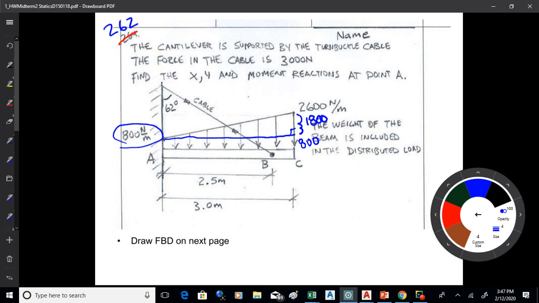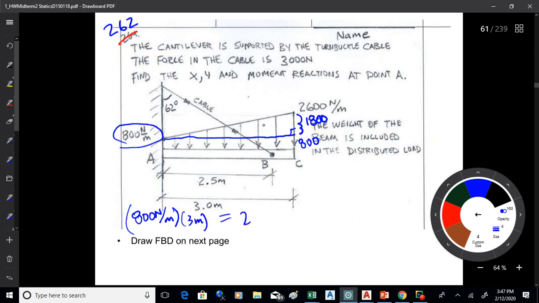I'm going to take 800 newtons per meter and multiply it by the distance over which it acts, and that's 3 meters. And that comes out to be 2,400 newtons. And that'll be down, of course, because that's a weight.